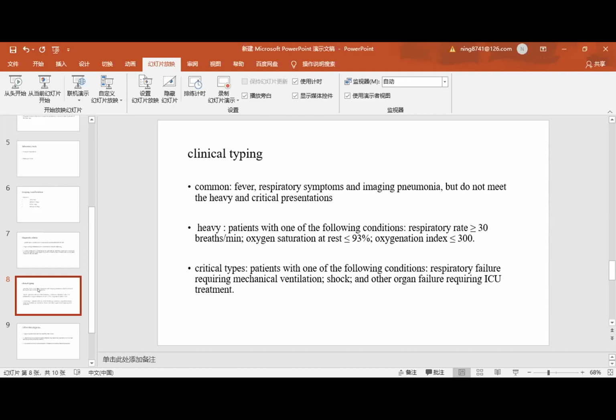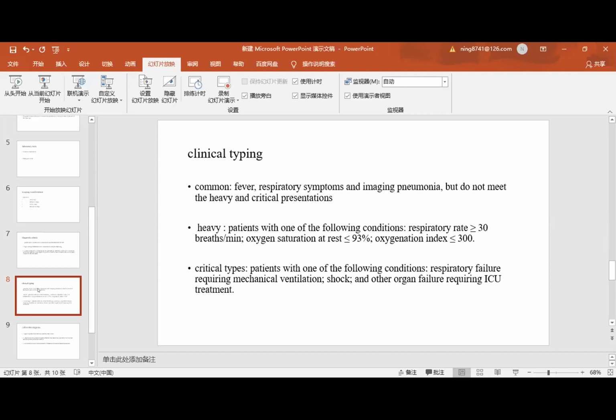If there are lung imaging abnormalities, they may be called COVID-19 patients. Stratification according to the degree of criticality can be divided into common, heavy, and critical types.